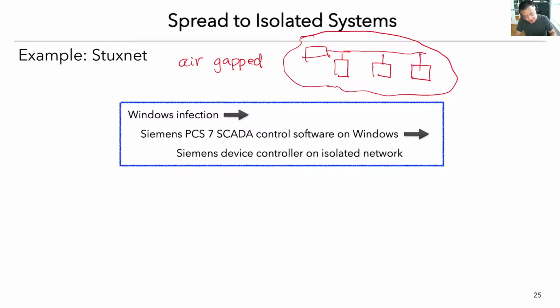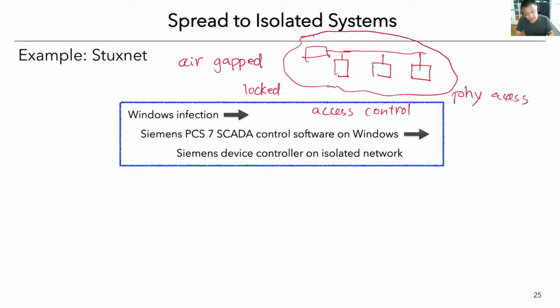So normally an air-gapped system is also locked. It has very strict access control, so only certain users can access the system. This will prevent the attacker from physically accessing the system.